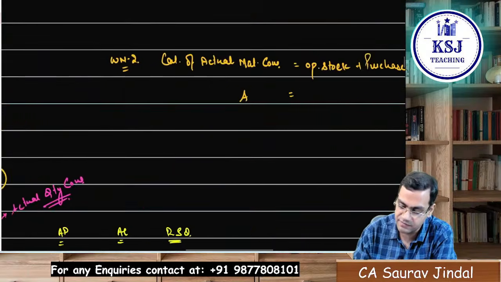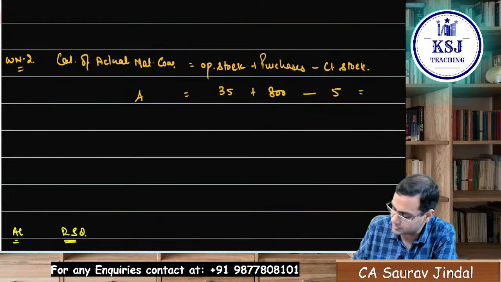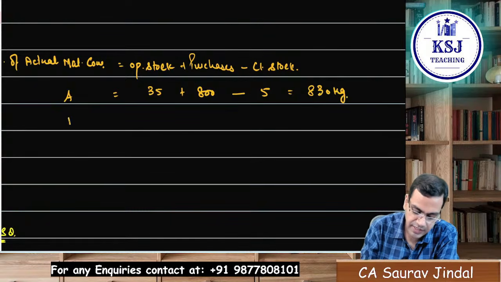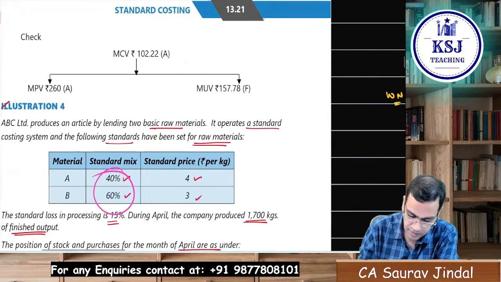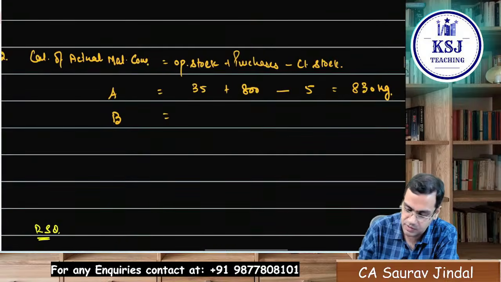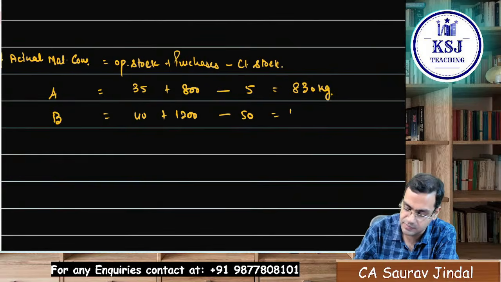So 35 plus 800 minus 5, that is 830 kg, right? For B, the consumption will be 40 plus 1200 minus 50, that is 1190.